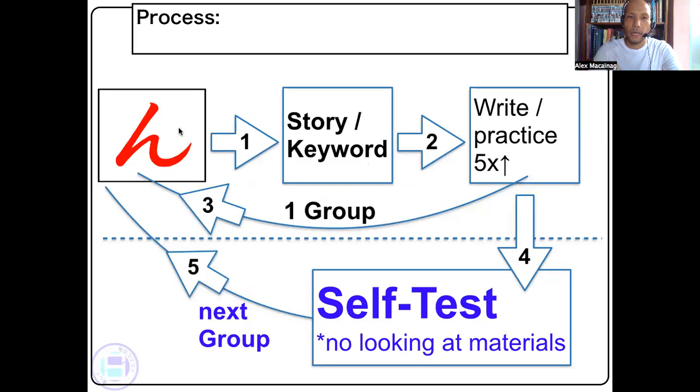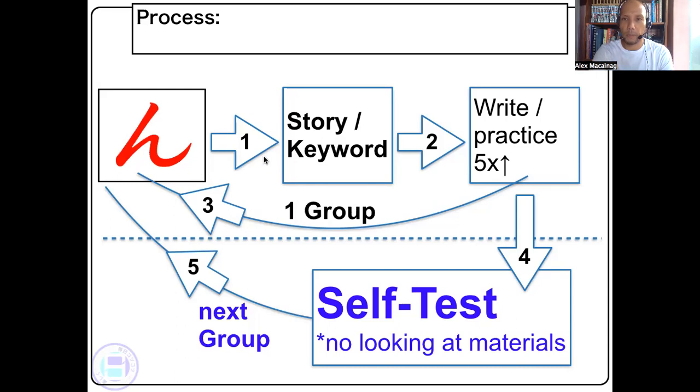You encounter a new character, use your imagination to remember the story or a keyword related to that character. After that, using your notebook and your writing materials, do writing practice for that character at least 5 times, and then go to the next character until you finish one group.